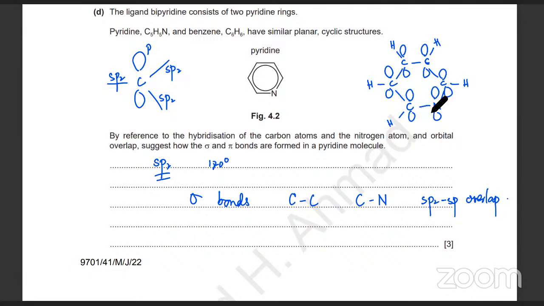The sp2 orbitals will be overlapping. On the outside, another sigma bond is formed between the carbon and the hydrogen atoms, or between the nitrogen and the hydrogen atoms.